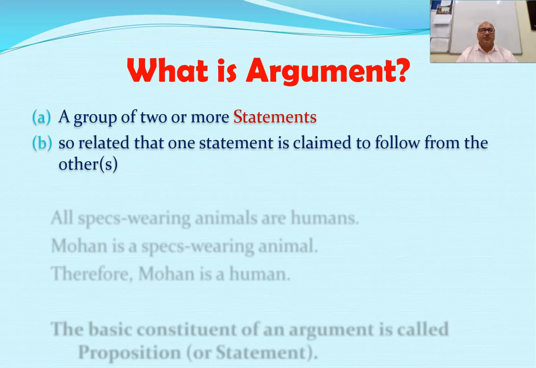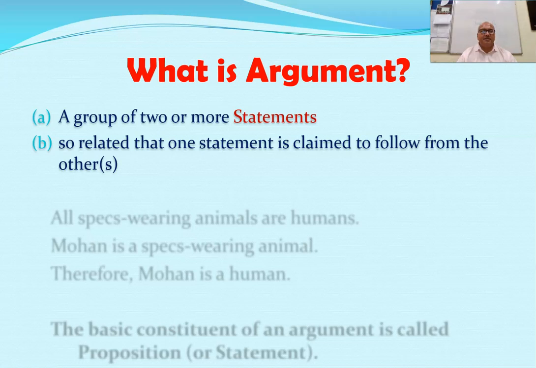An argument is a group of statements, and there is an interrelationship between the members of this group. What is that relationship? These statements which form an argument are so related that one statement is claimed to follow from the other statements.